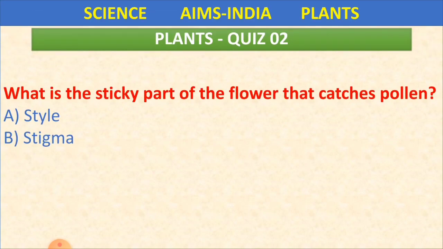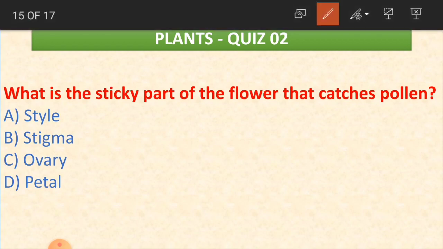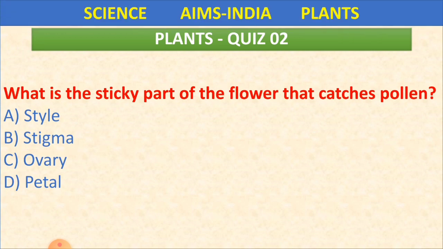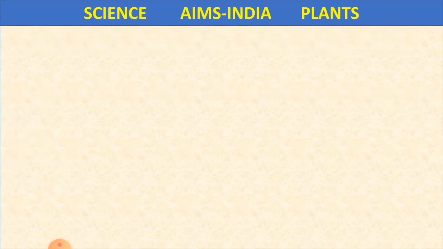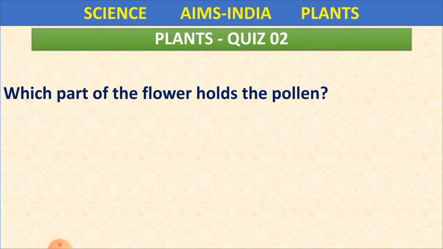What is the sticky part of the flower that catches pollen? What do we call it? Yes, it is stigma, the topmost part. It is a little sticky. We can call this part stigma.